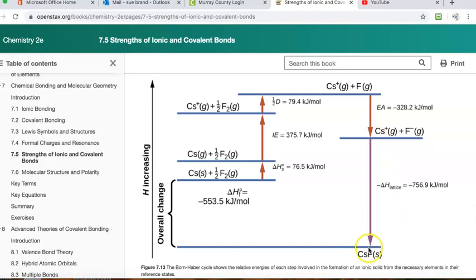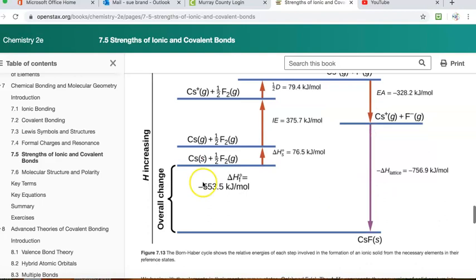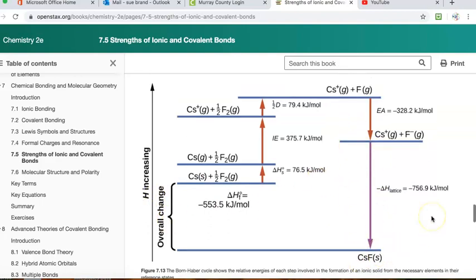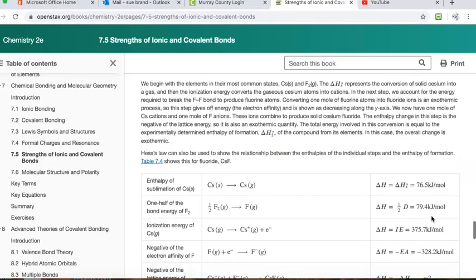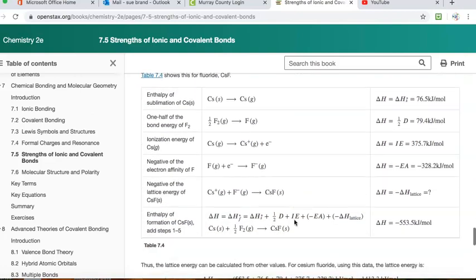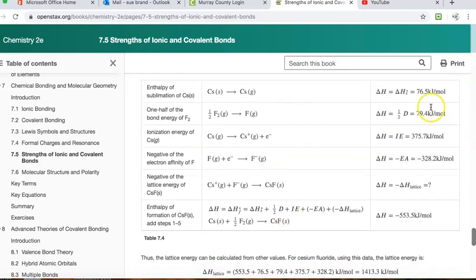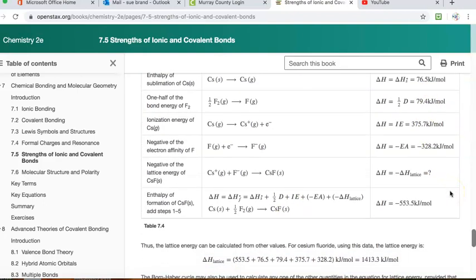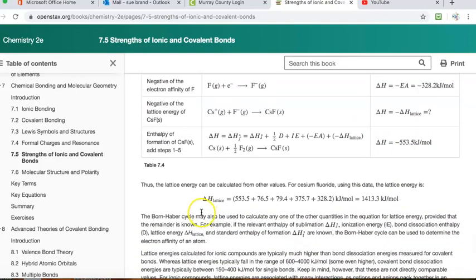Okay, and that's going to have a certain lattice energy associated with it. So basically, that difference there is going to be your lattice energy. And so you can also use Hess's law to add up each individual energy, and then you end up with your lattice energy for your cesium fluoride.